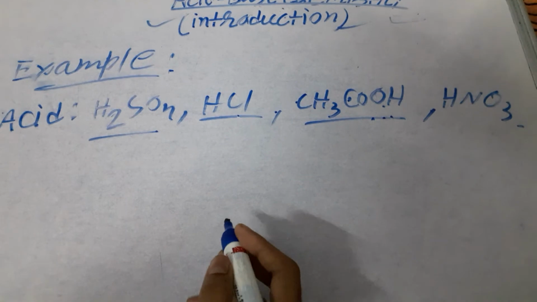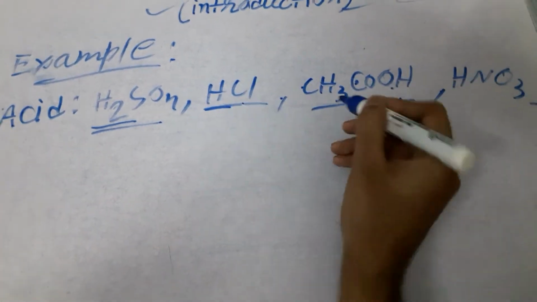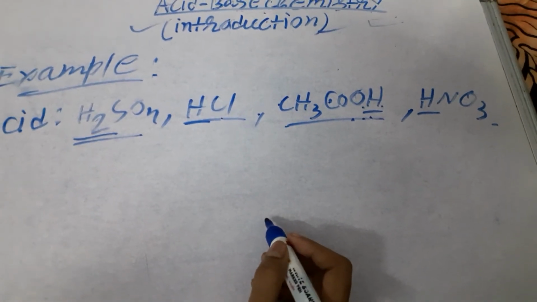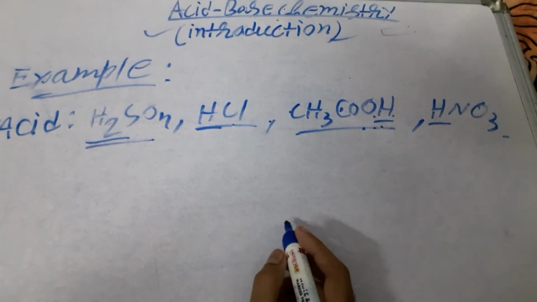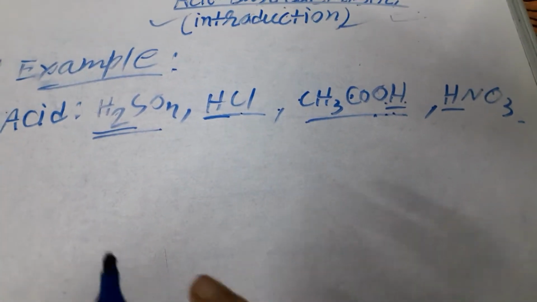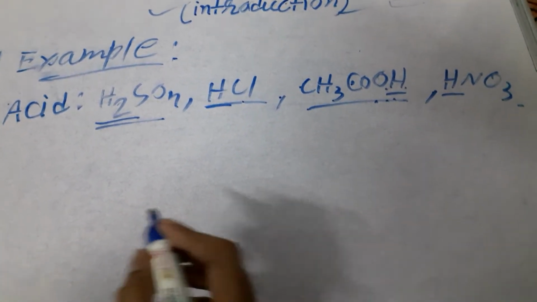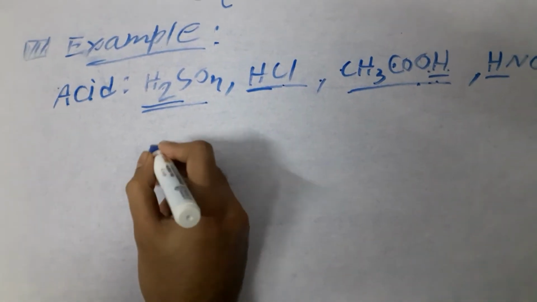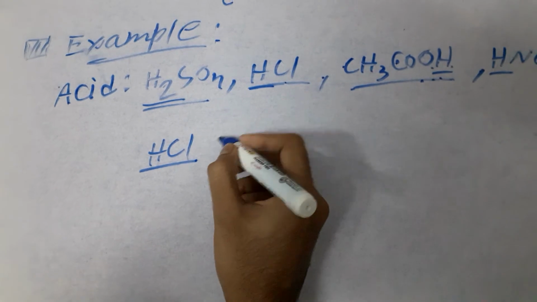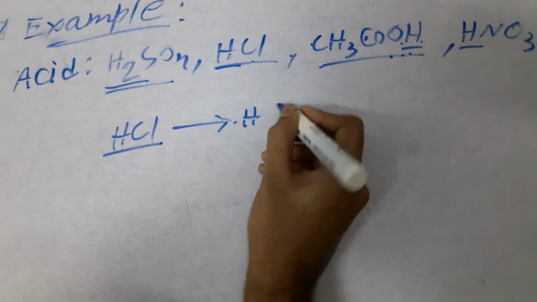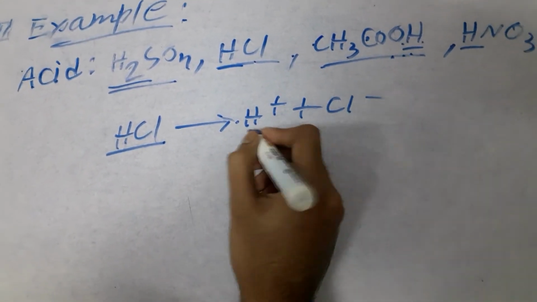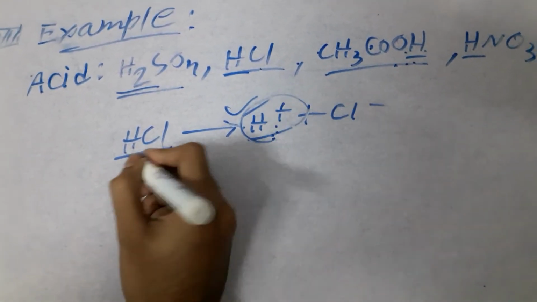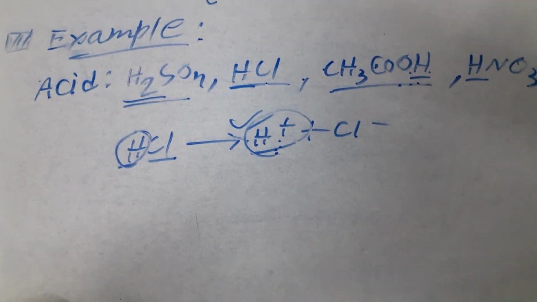For the acid character, look at this: there is some H. Every acid must contain H plus, because if it goes into a reaction like HCl, it must break like this and release H plus. That's why every acid must contain hydrogen.